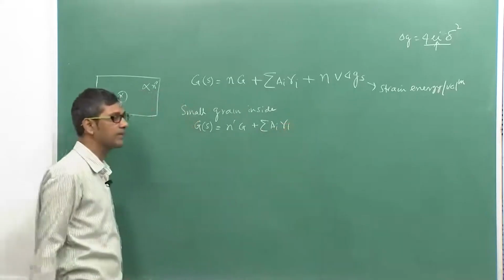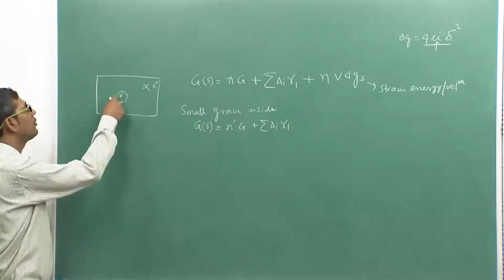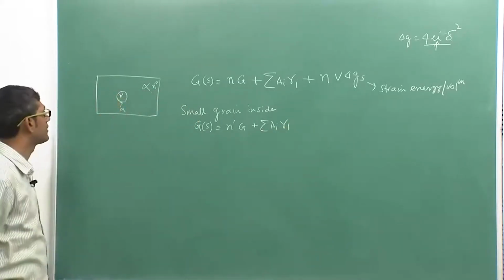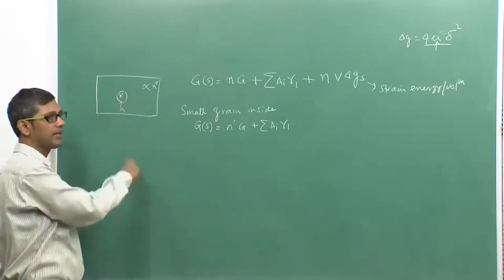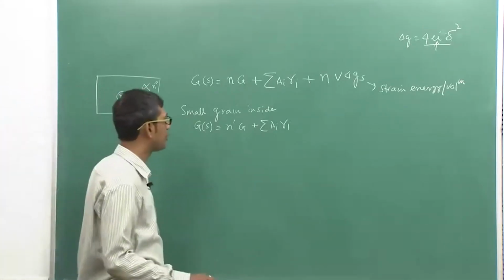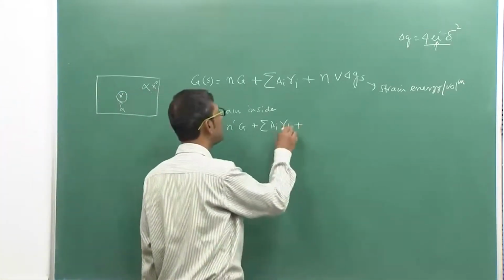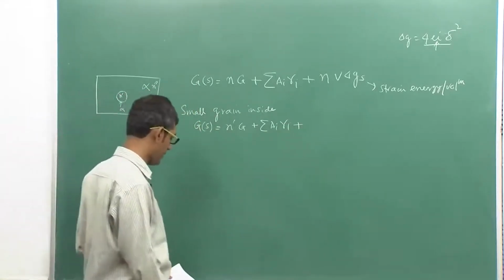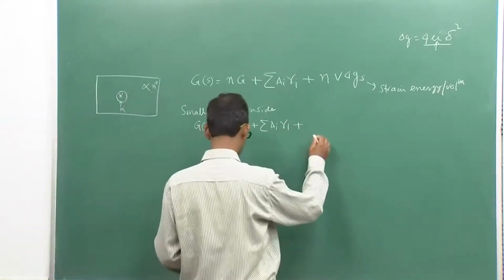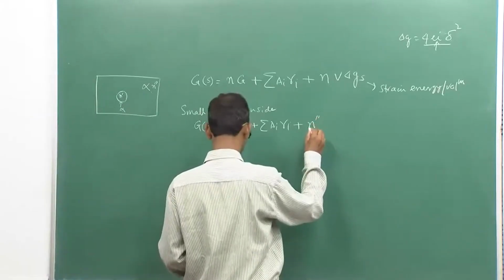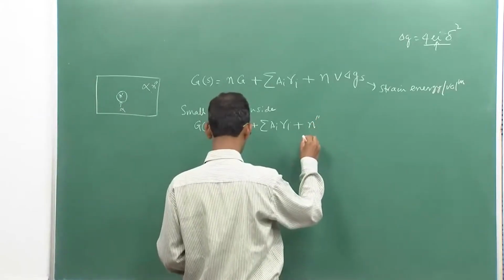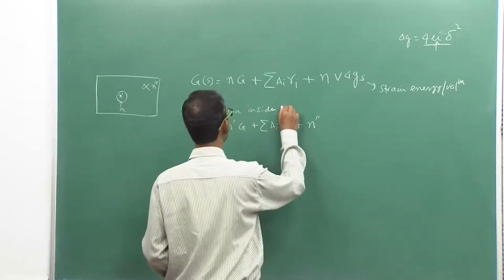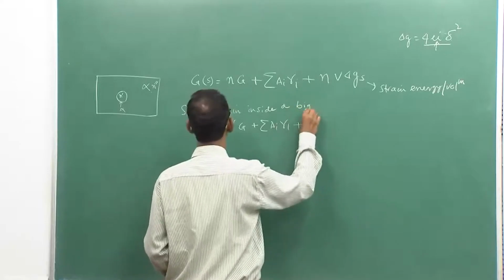Remember, the reason I am writing Ai sigma i is because I do not know whether all the interfaces of this small grain along all directions are the same, isotropic or not; they may not be. Then we need to add up, because gamma will vary depending on the crystallographic directions, and plus obviously it will be n double prime, for the small grain inside a big grain.